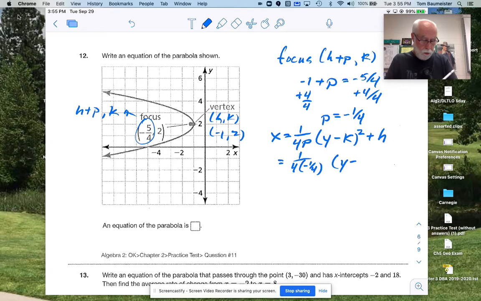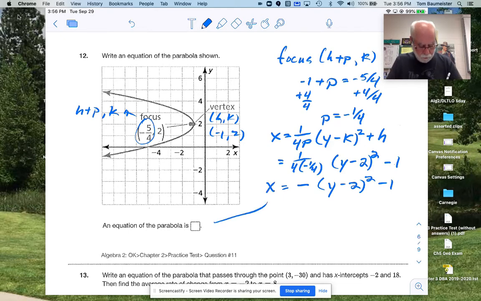Y minus our k was 2 squared, and our h was -1, so plus a -1 is just -1. What we should notice is that 4 times 1/4 is going to be -1, so we know that that's just going to become a negative, and then we're going to have y minus 2 squared minus 1, and again that's our x equals, and that's what goes there. So kind of looked nasty, but it wasn't really that bad.